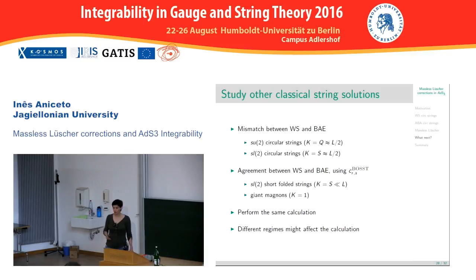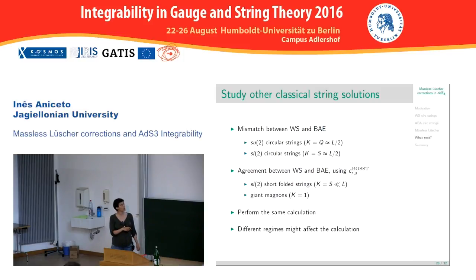Before I go further into this factor of 2, which I'll mention again, another thing that we can still do is study other semi-classical solutions. I focused on circular strings. So which other solutions have mismatches? The solutions that have mismatches are the circular strings, as I mentioned, SU2.